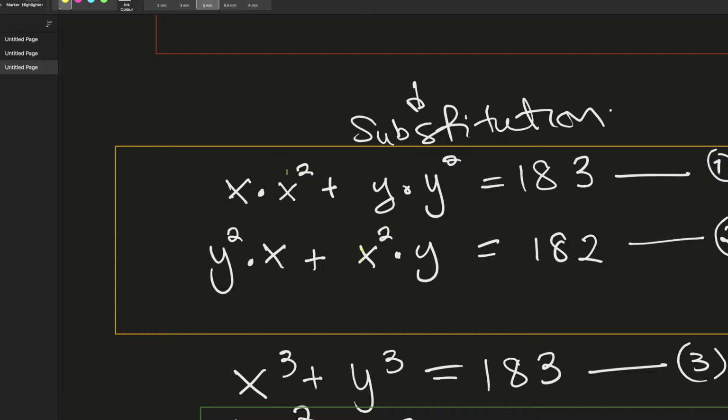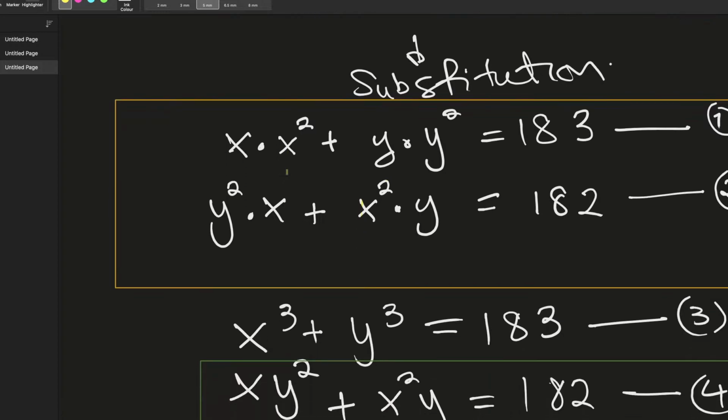Now, further substitution gave us X cubed plus Y cubed equal to 183. In the same way, the second equation, which is X multiplied by Y squared plus Y multiplied by X squared, was simplified, so that we have XY squared plus X squared Y equal to 182. So now we have equation 3 and equation 4.